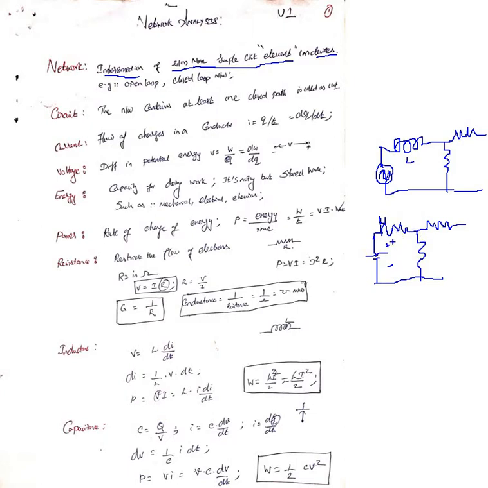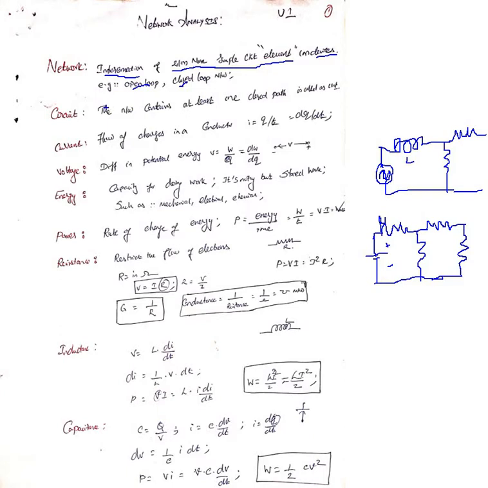This one element and this another element, these two elements are interconnected. So if I create a simple circuit like this, it is called a network. Your network may be an open circuit, or you can make closed circuits. So it is called an open network or a closed network.